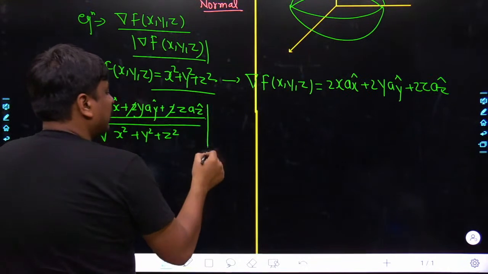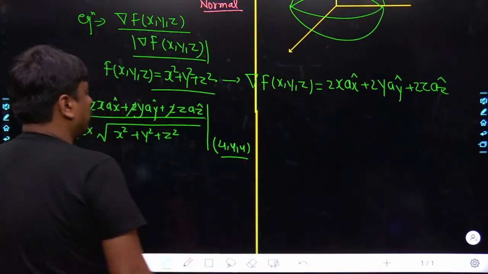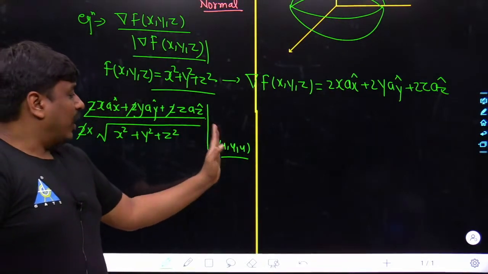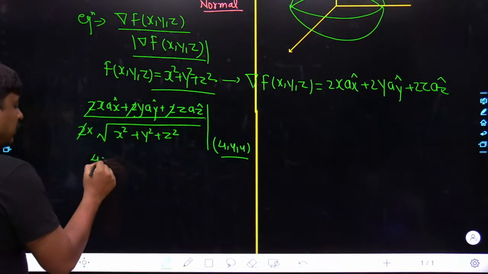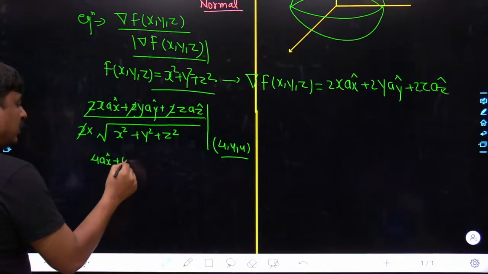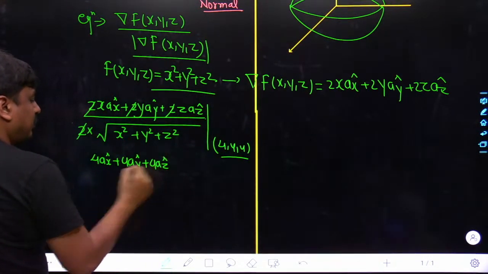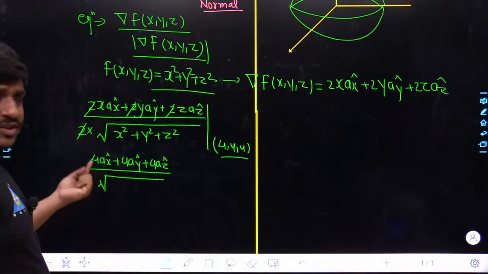And that calculation has to be made at the point 4, 4, 4, which has been clearly given in this problem. So the value has to be fed as 4 for x, 4 for y, 4 for z. Yes, start feeding those values. So the numerator would become 4 times ax cap, 4 times ay cap, 4 times az cap, and in the denominator you will have 4 square, which is nothing but 16.